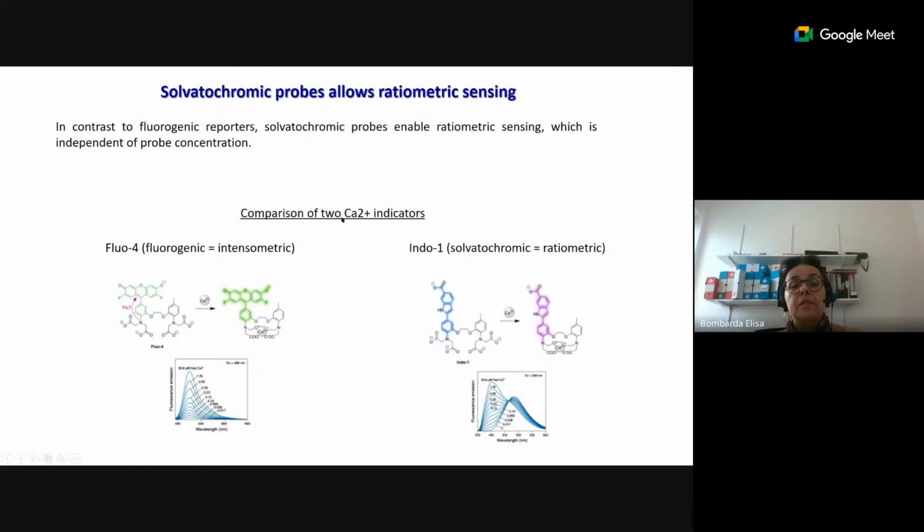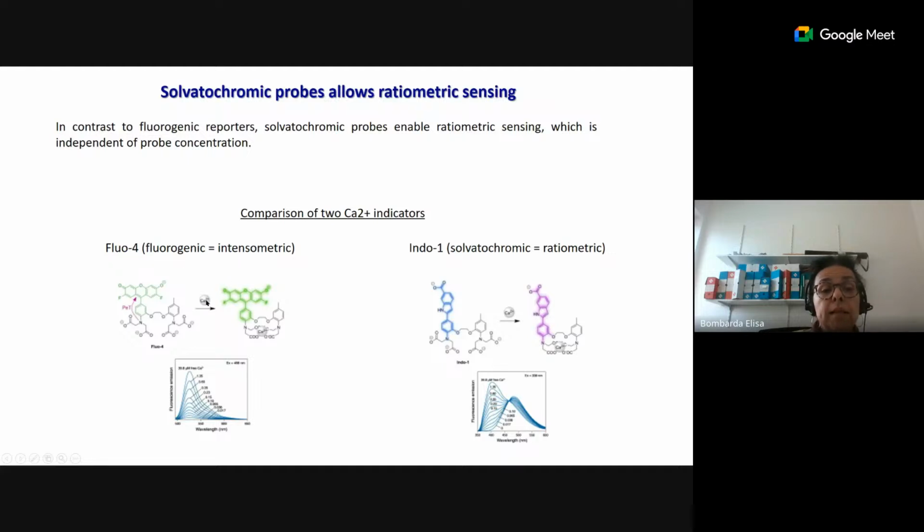And that may have some advantage in some cases. So here, for example, is the comparison of two calcium indicators. Fluo4, which we were just talking about, is a fluorogenic probe.